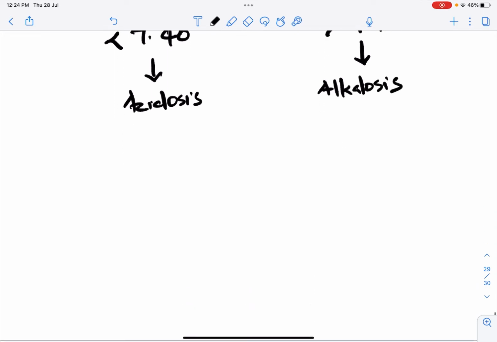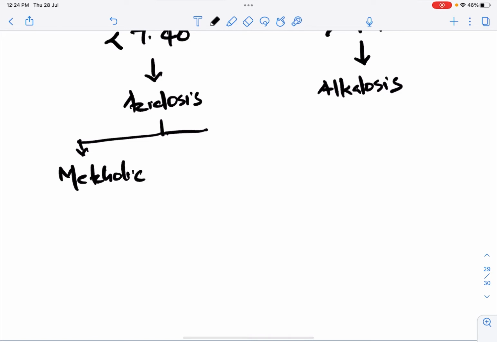Again, the acidosis can be metabolic or respiratory. Similarly, the alkalosis can be metabolic or respiratory.